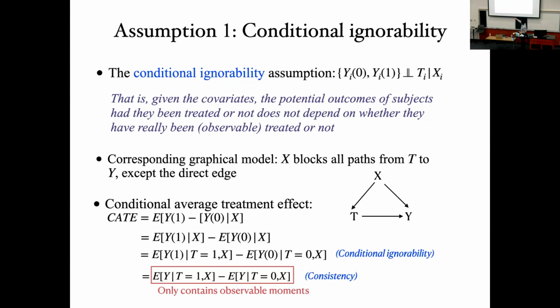Right here, again, we can introduce t in the condition set, because given x, t is independent from the potential outcome. Then we have this equation, which is nothing but the difference in the expectation of y across the two groups, given the same x value. So this is the conditional average treatment effect. Good.